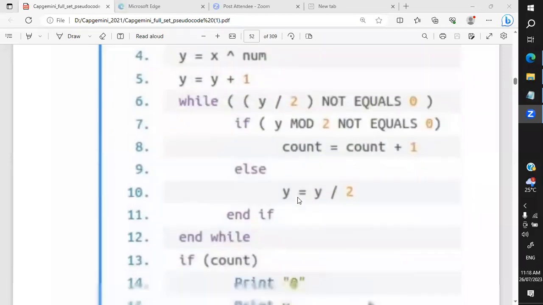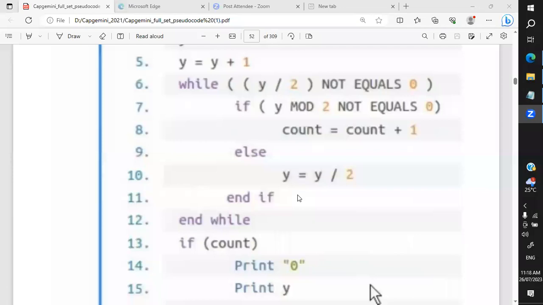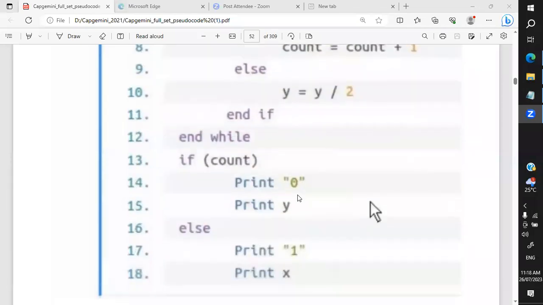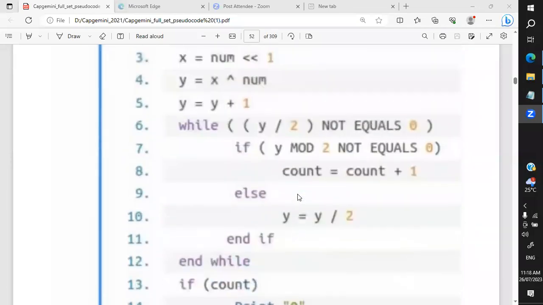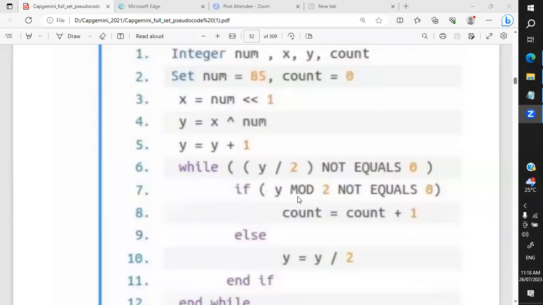Once the whole thing is done, we are checking what the count is, and printing the X value or Y value. Do it till here. Tell me what the Y value, X value, and count are after the while loop.